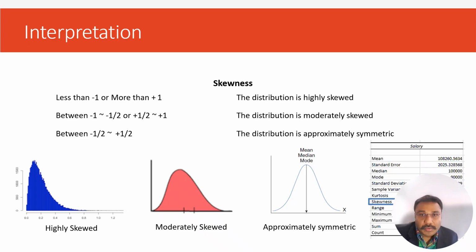A moderately skewed distribution shows some imbalance, but the data is still relatively concentrated around the center. An approximately symmetrical distribution is one in which the left and right sides mirror each other, forming a classical bell-shaped curve. Understanding these patterns helps analysts interpret descriptive statistics or diagnostic data more accurately.